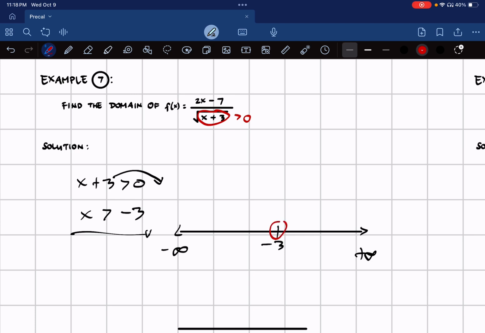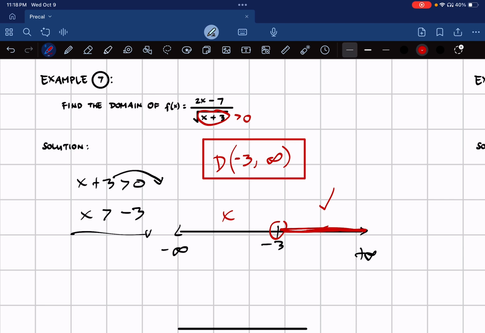And it is greater than negative 3, so anything less than negative 3 is not included. So, automatically, we can notate the domain is negative 3 to infinity. And since open circle, negative 3 is not included, parenthesis. And that is our domain.